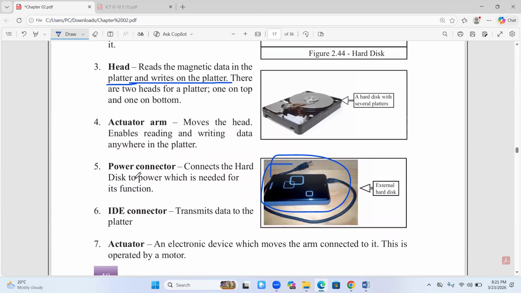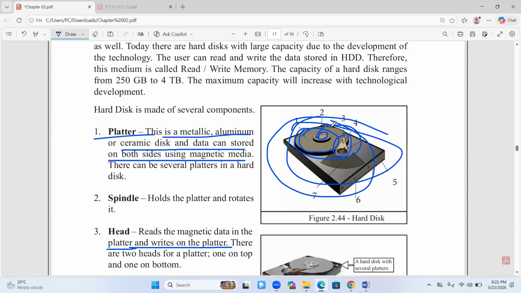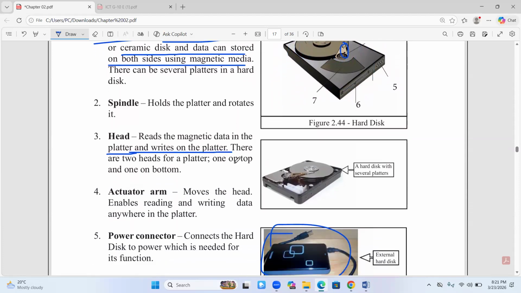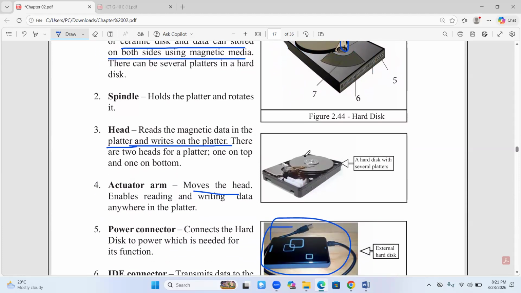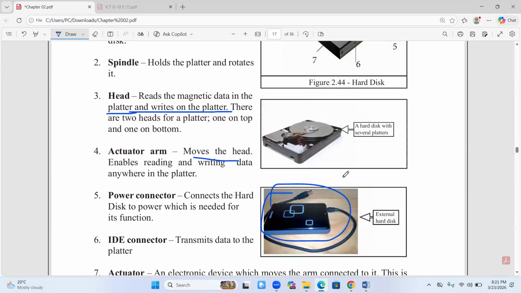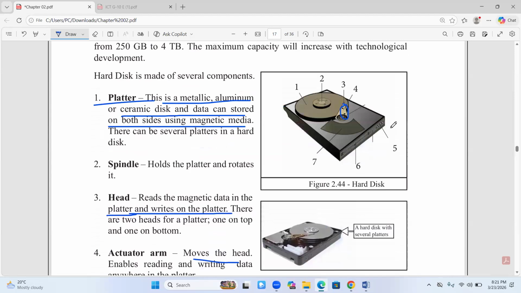The actuator arm is numbered as number 4, which is used to move the head part. You can move it by using this actuator arm. Number 5 is a power connector, used to distribute power to this hard disk.